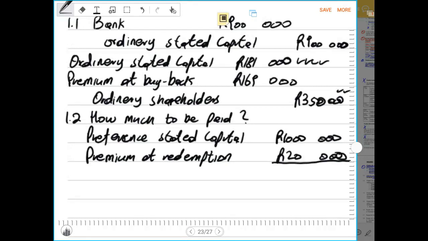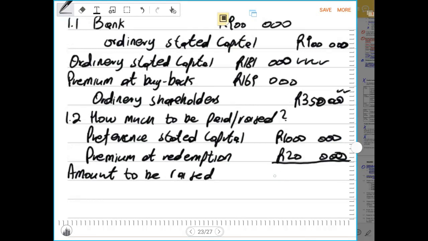So now we know the amount to be raised. Either way you say how much to be paid or how much to be raised, it is still the same thing. So now we say amount to be raised, because we don't have money available.